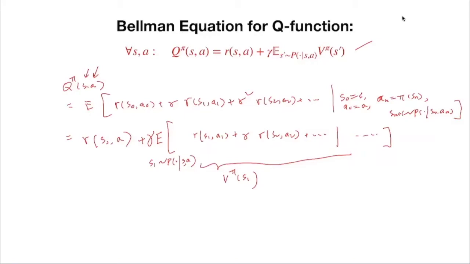Another question. Shouldn't the Bellman equation of the Q function have the Q function on the right-hand side?